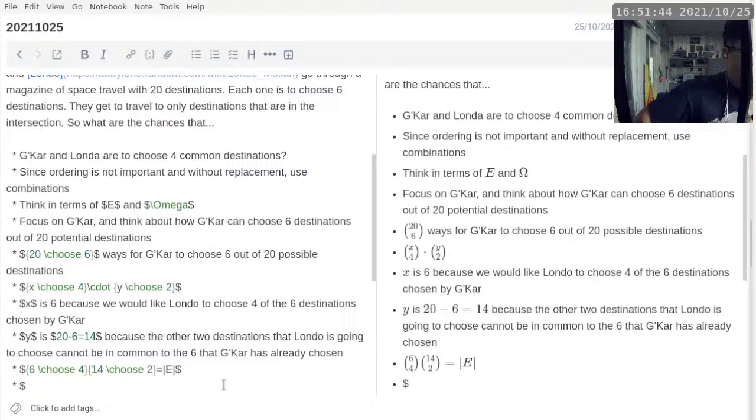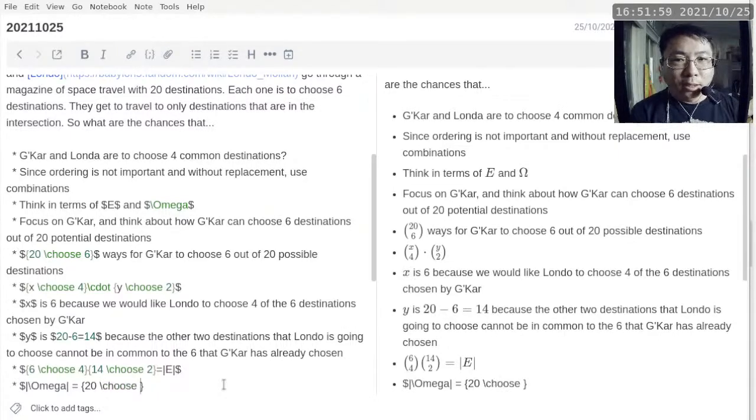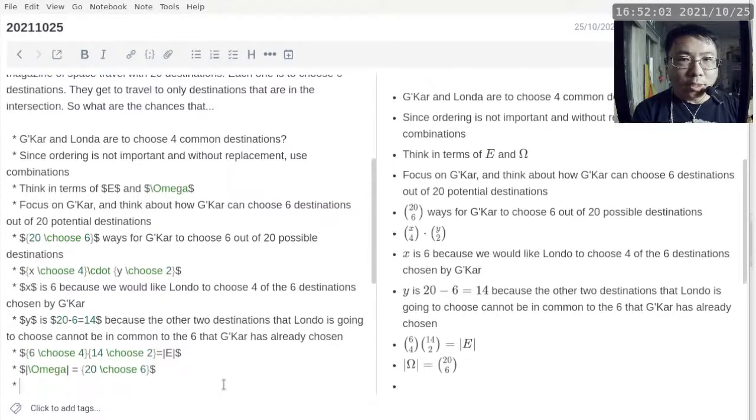It is just 20 choose 6. Okay, so I'm going to write it here and then I'll explain it. So the cardinality of omega is just 20 choose 6. There we go. Alright, this looks awfully confusing, isn't it?